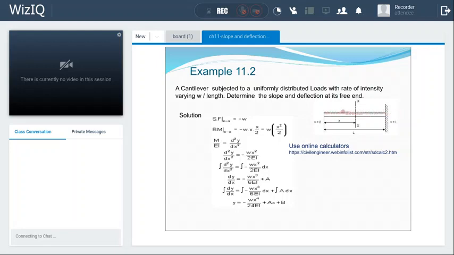It can be W kilonewton, W newton, whatever be the value. So we take here the origin of the axis and write the equation of bending moment at section x, at a distance x from the origin, which is taken at the free end of the cantilever.